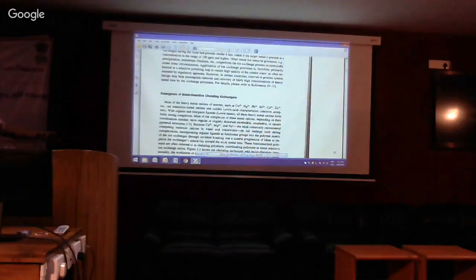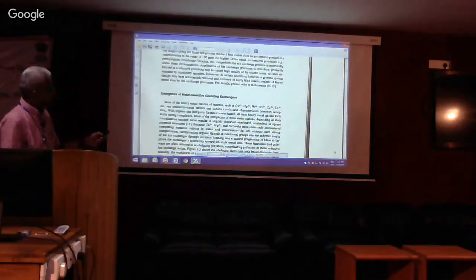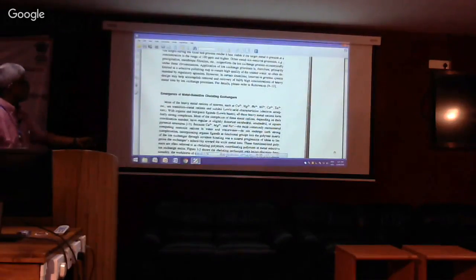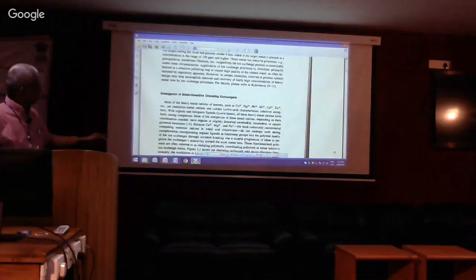And within this, if you have to remove mercury, it's a little different than removing copper or lead or nickel or cadmium or zinc. Let's just say for the time being that the heavy metals that we want to remove are copper, lead, nickel, cadmium, or zinc.